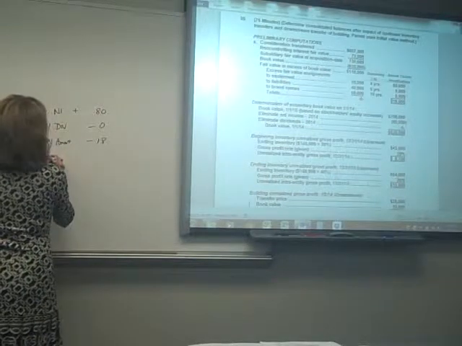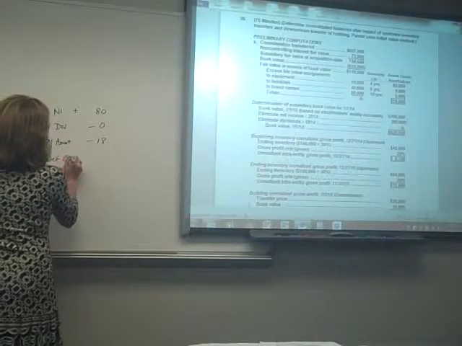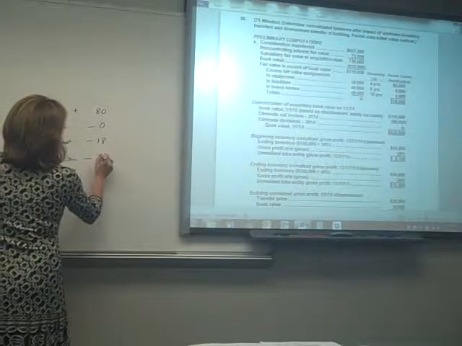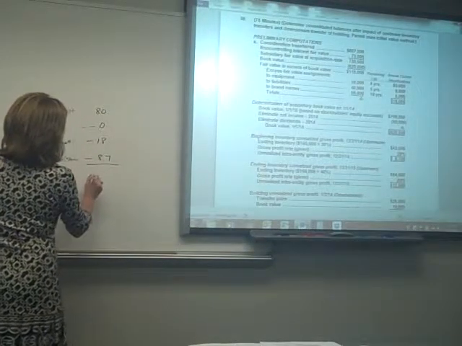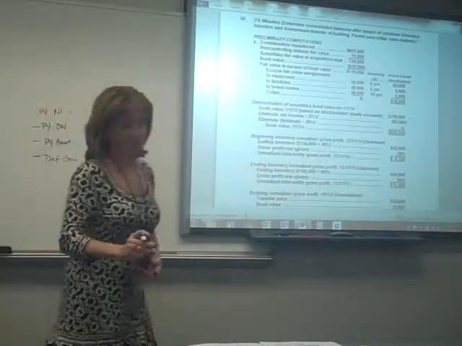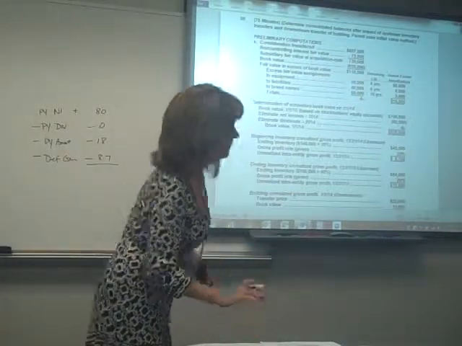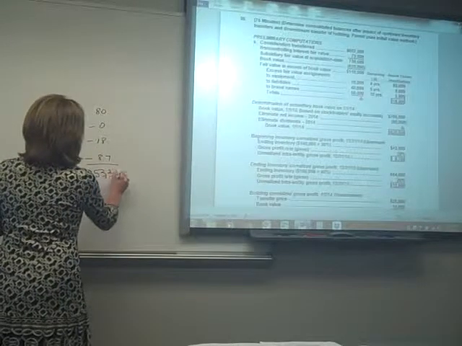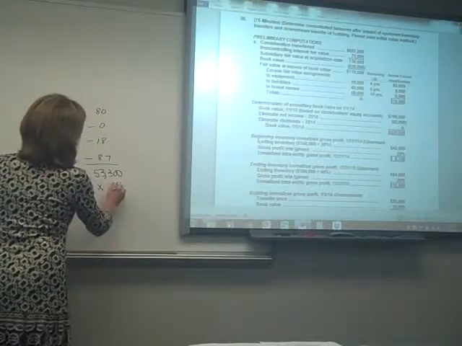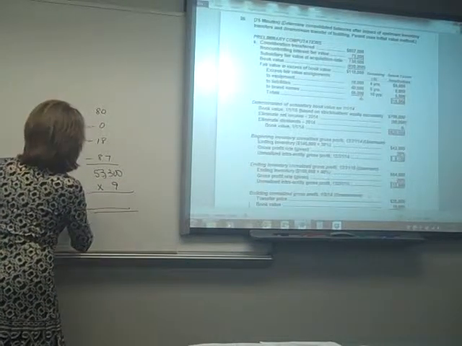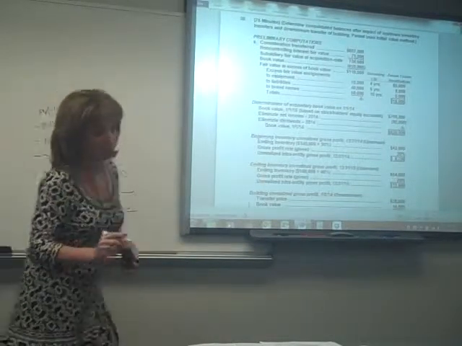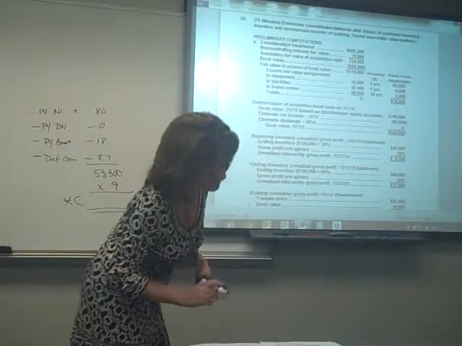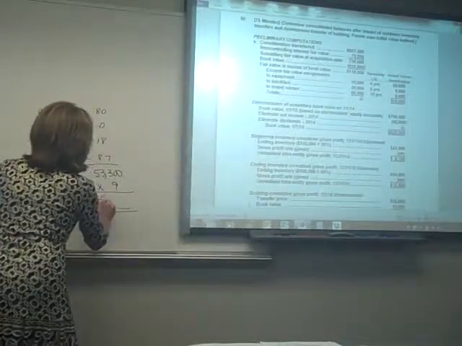Okay, so deferred gain minus 8,700. Let's get a net there and then we'll multiply it by 90%. That gives us 53,300 times 90% ownership. Our star C is equal to 47,970.